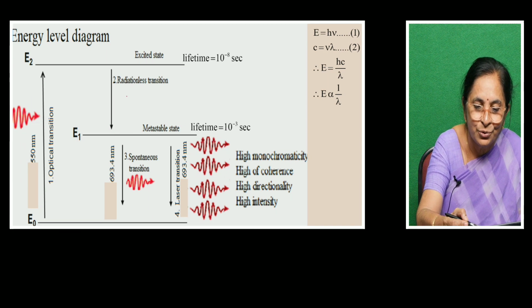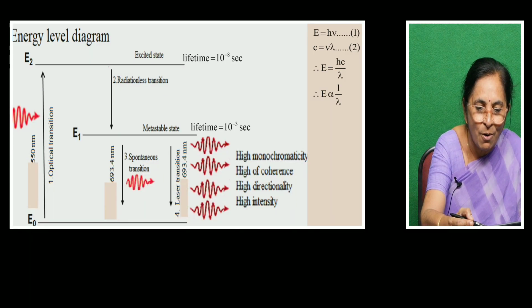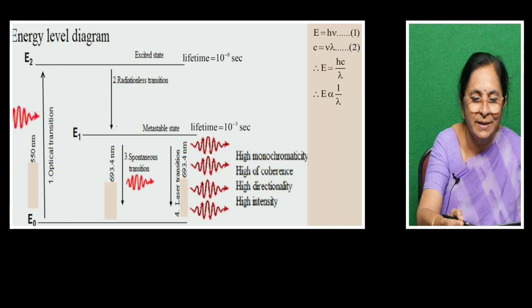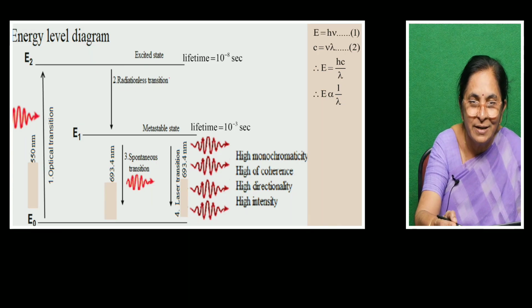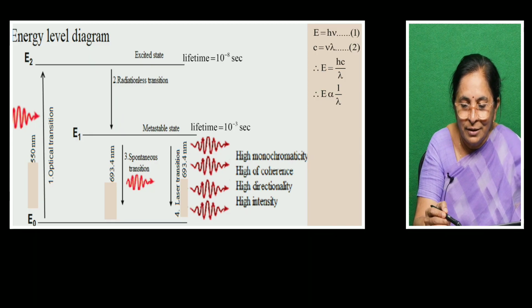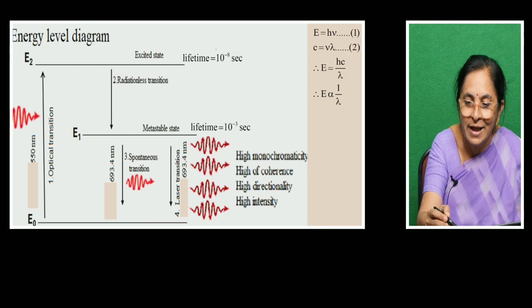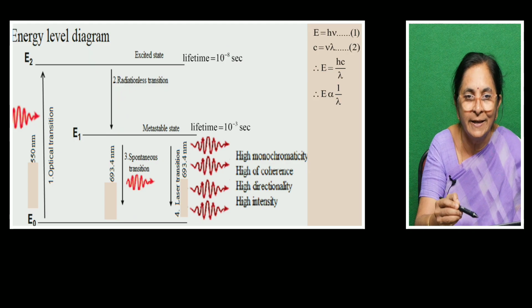This time there is no radiation, there is no emission of photons. So we call this transition from the excited state to the metastable state a radiationless transition. Now in the metastable state, chromium ions have a lifetime of 10 power minus 3 seconds, definitely longer than the 10 power minus 8 seconds.